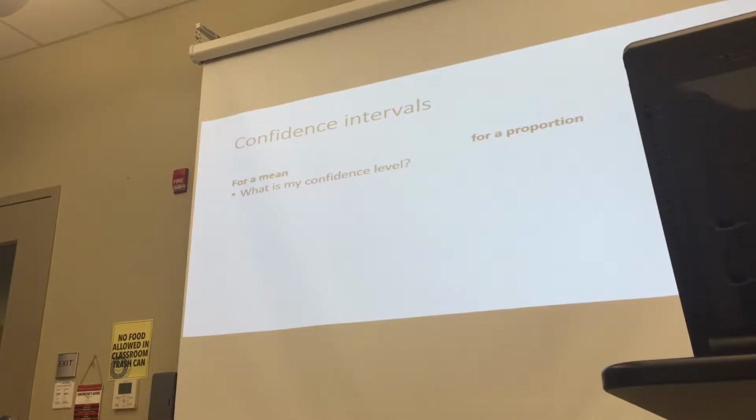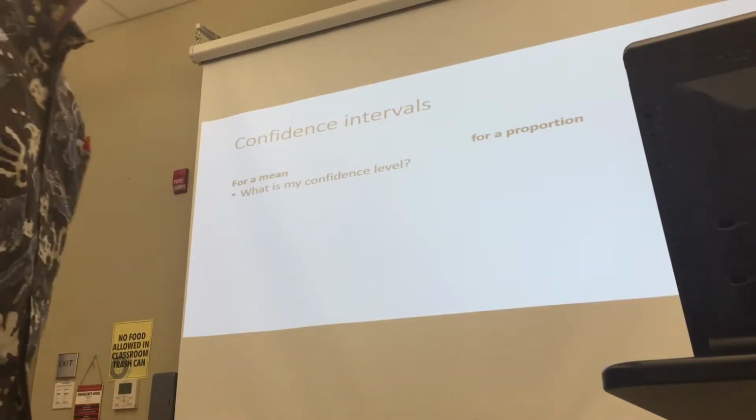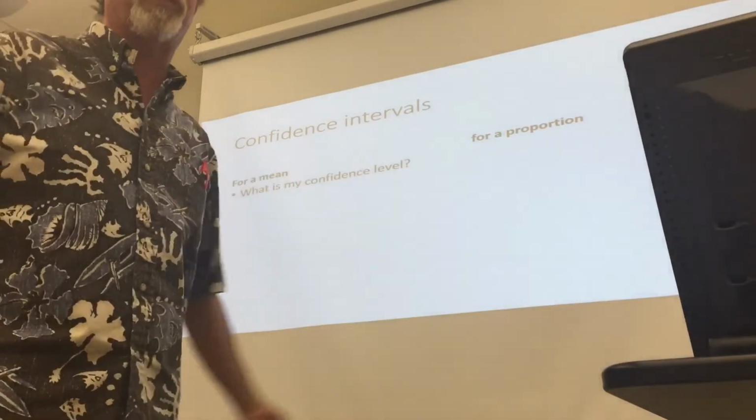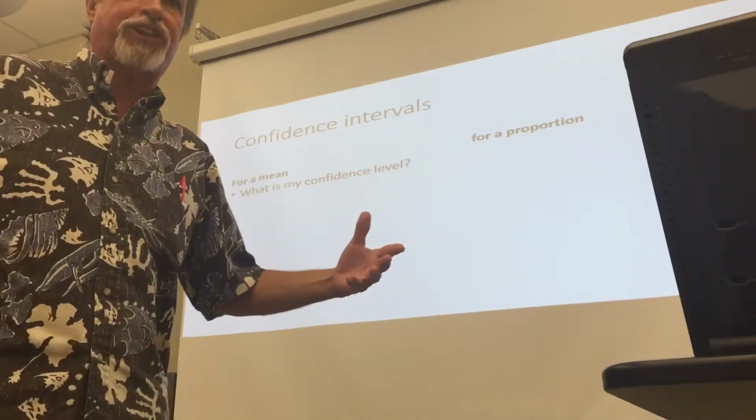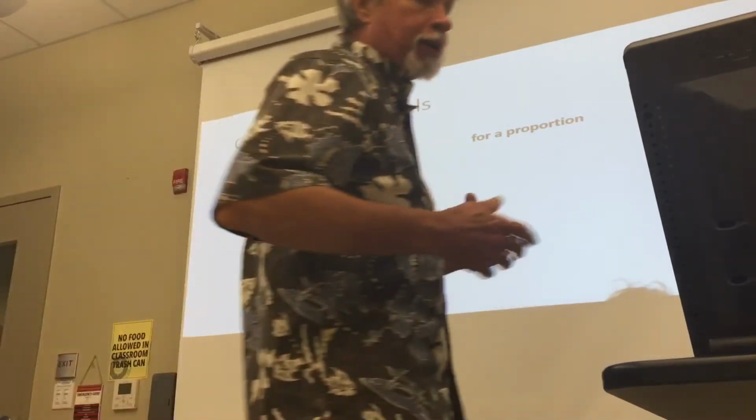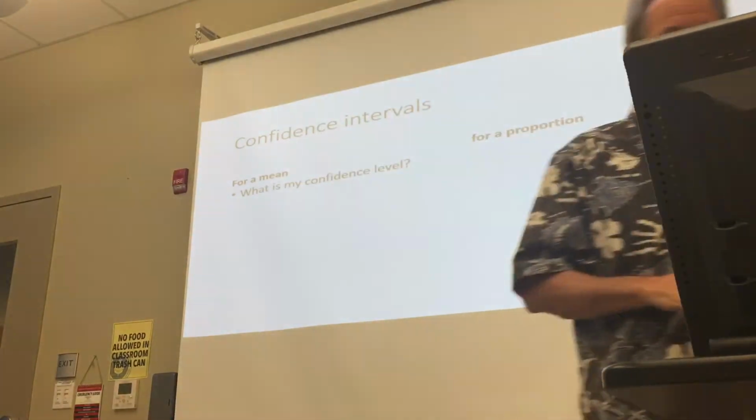And once we know the confidence level, we know the alpha. Sometimes we'll give you the alpha and we want you to give us the confidence level, so you have to pay attention. If I say use an alpha of 20% or a confidence level of 80%, I've basically said the same thing. Those go hand in hand.